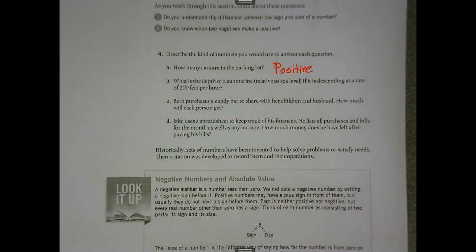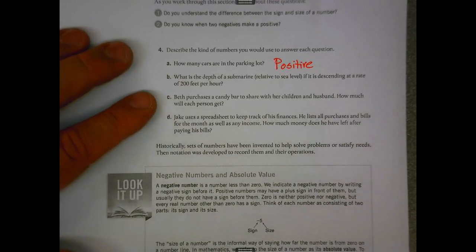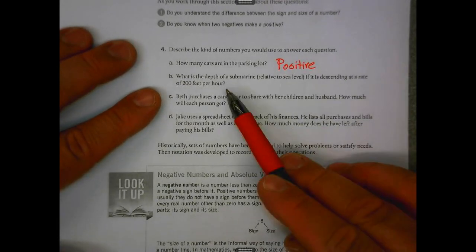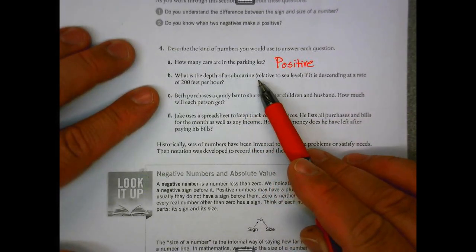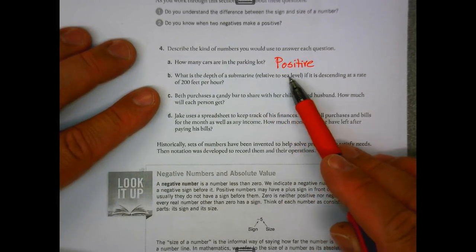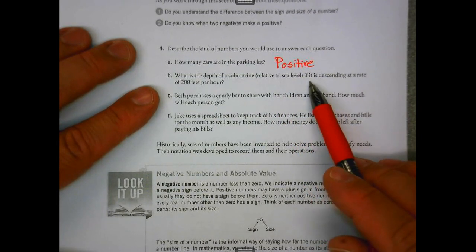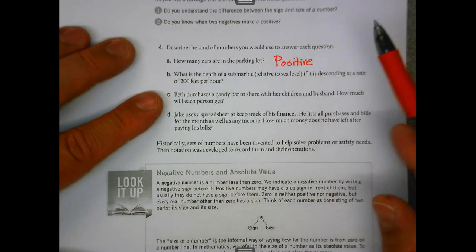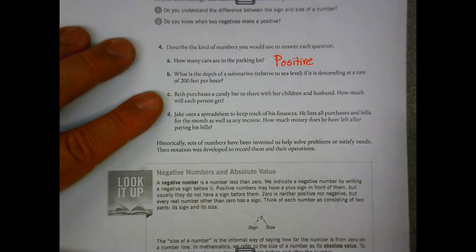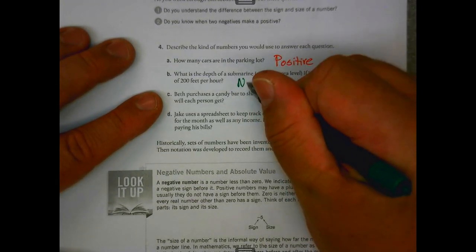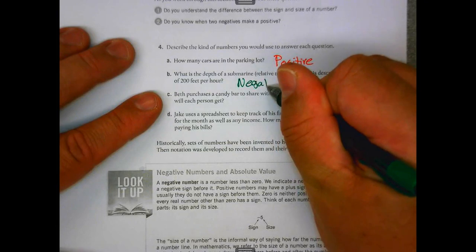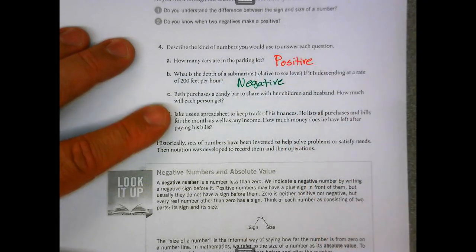B, what is the depth of the submarine relative to sea level if it is descending at a rate of 200? Descending, so it's going to be a negative number. Beth purchased a candy bar to share with her children and husband. How much will each person get?